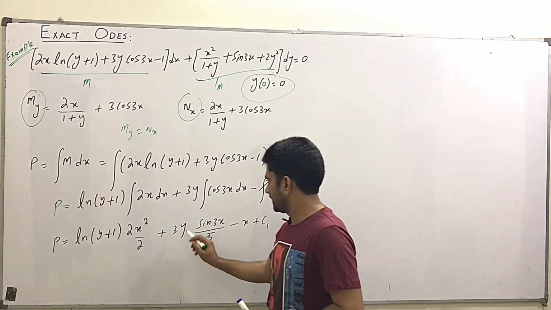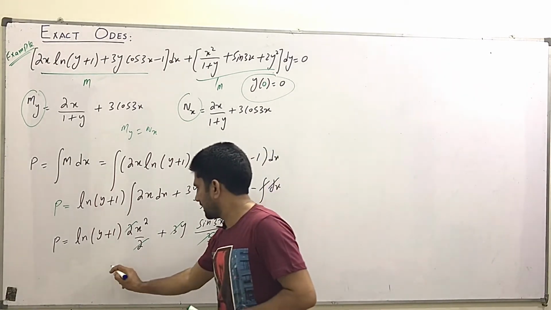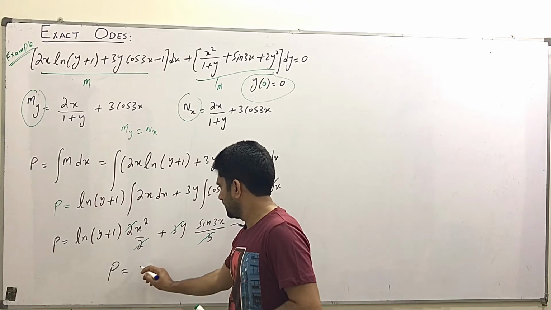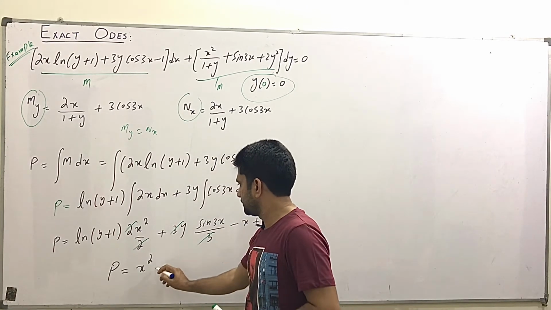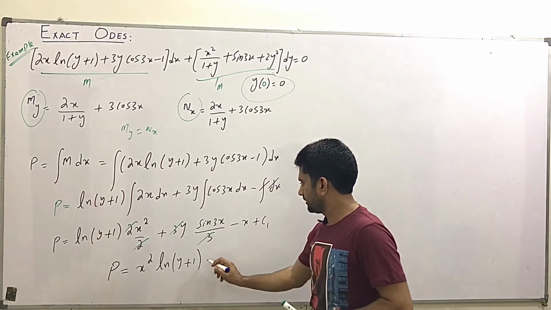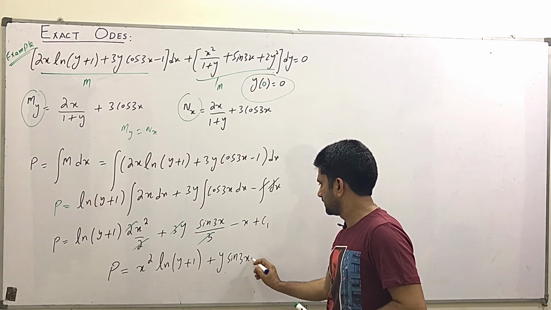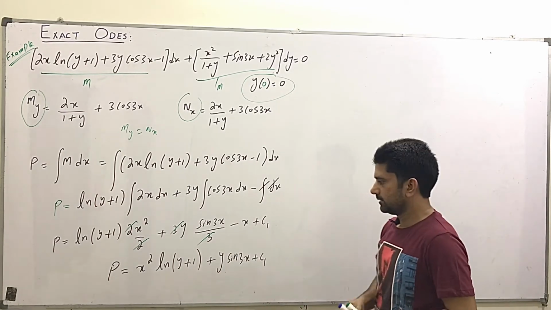This 3 and 3 and 2 cancel out, and the final P we have is x² ln(y+1) plus y sin 3x plus some constant. This is our P.